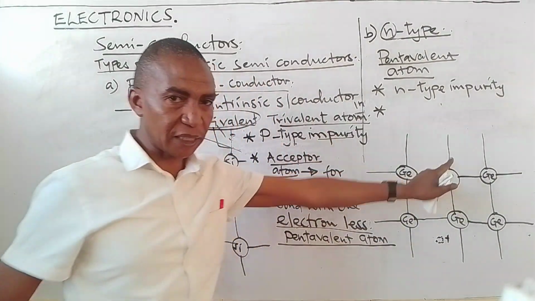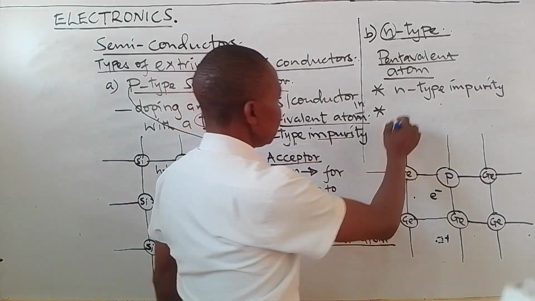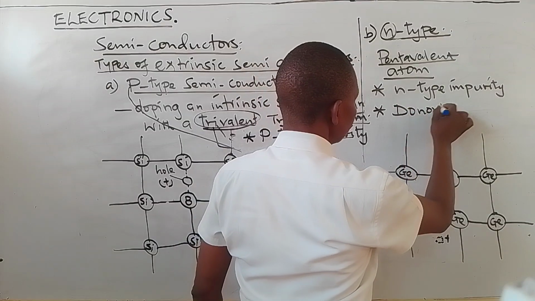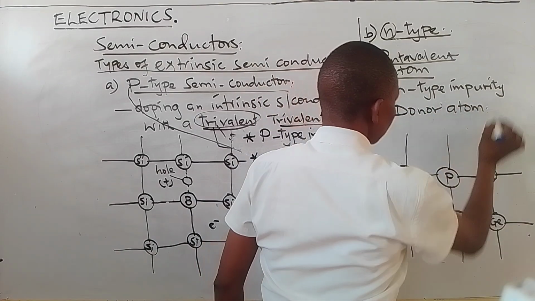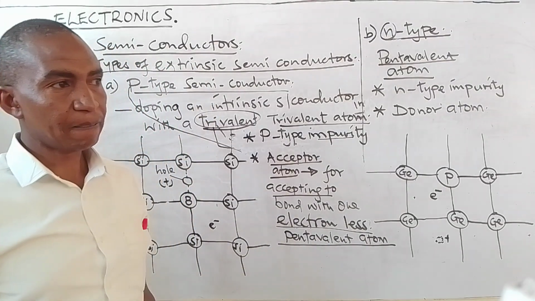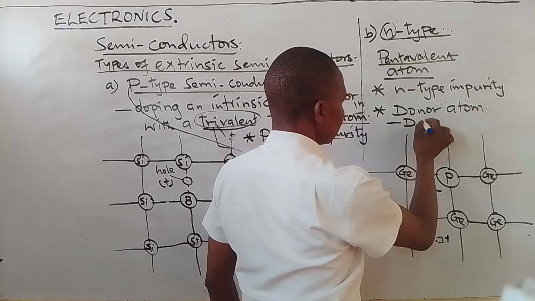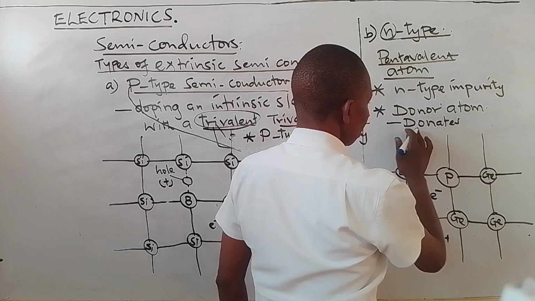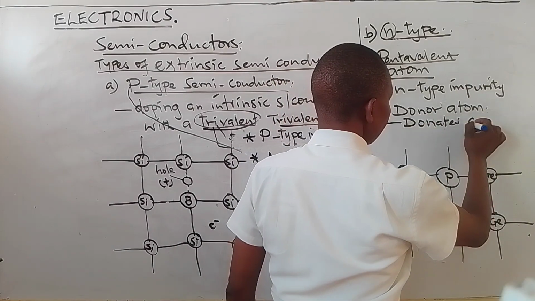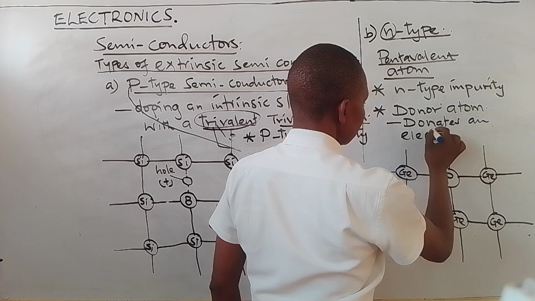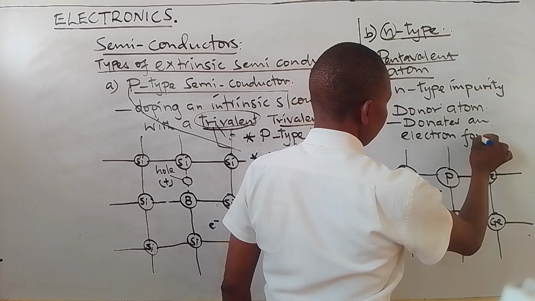Another name for this phosphorus atom will also be a donor atom. It can also be referred to as a donor atom, because it donates an electron for production.